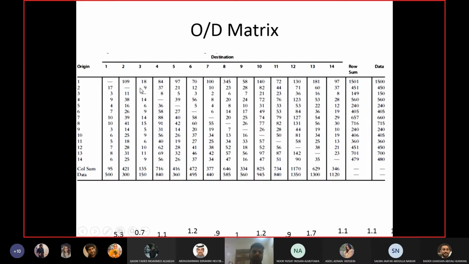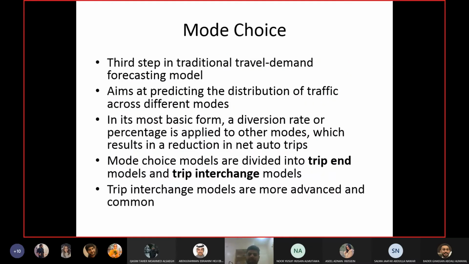So you know 109 trips are coming out of zone 1 and going into zone 2. So your total traffic is 109 trips. Now out of 109 trips, which modes are they going to take? The different modes are car, bus, bike, taxi, and so on. Out of all the available modes, which modes will be taken?